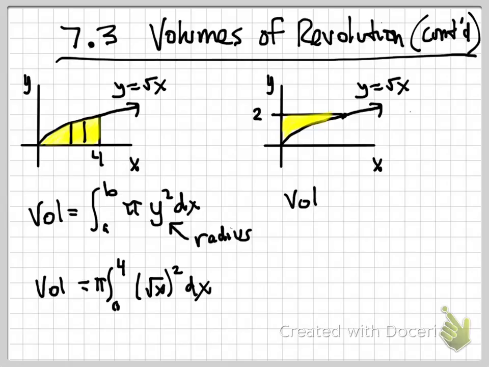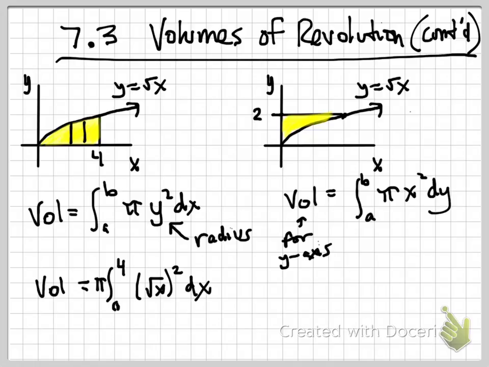Well, our volume equation, if we're going to be spinning around the y-axis, is going to be similarly from a to b, the lower to upper bounds, pi times x squared dy.